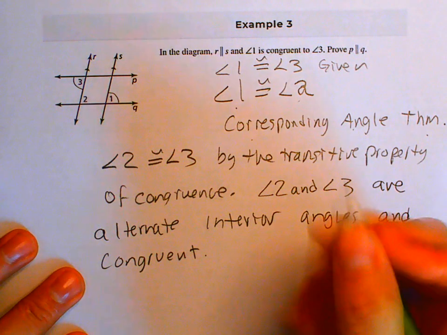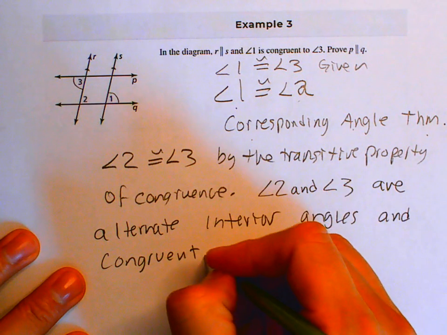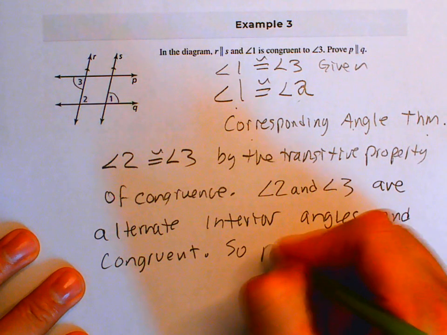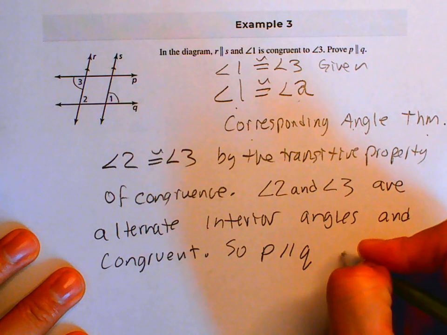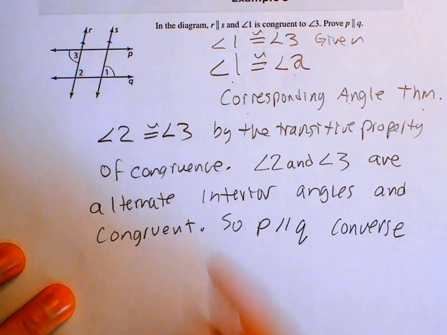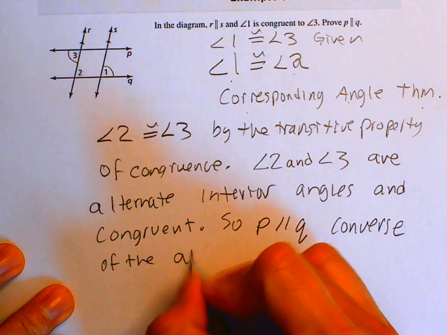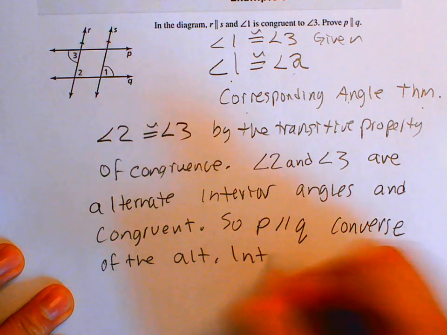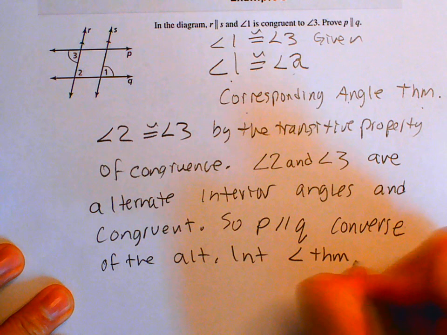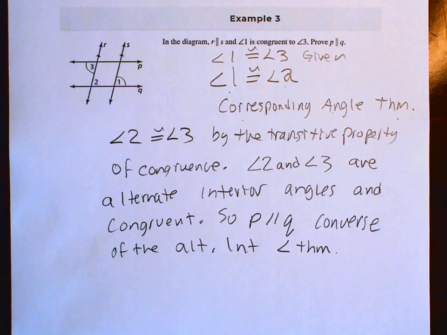Therefore lines P and Q must be parallel. So P is parallel to Q by the converse of the alternate interior angle theorem. It's a little paragraph proof. Sometimes it's kind of fun to do one of those. Okay, so this is example number 3.